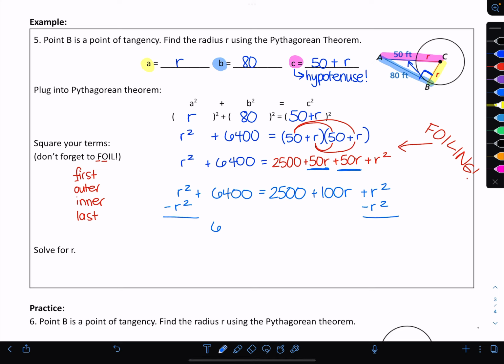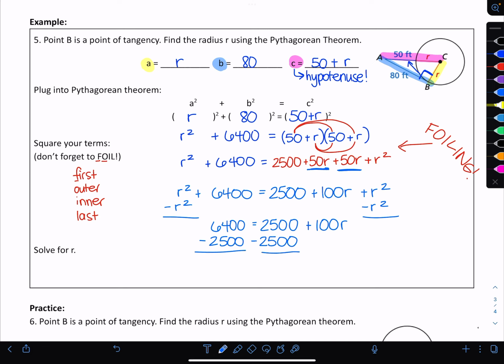On the left, we're left with 6,400 equals 2,500 plus 100R. We're almost done. We want all of our plain numbers on the same side, so I'm going to subtract 2,500 from both sides.